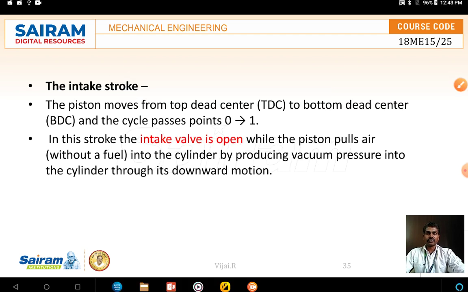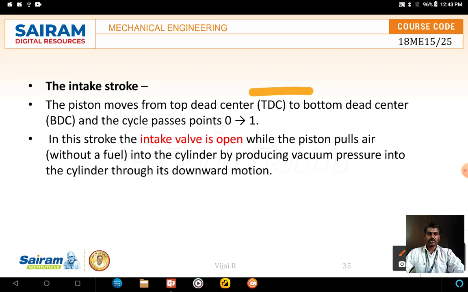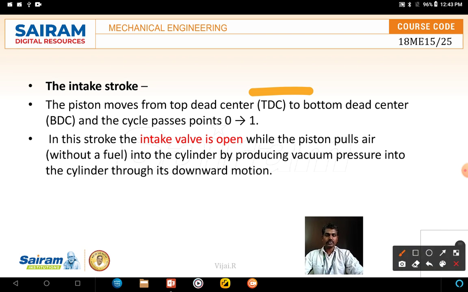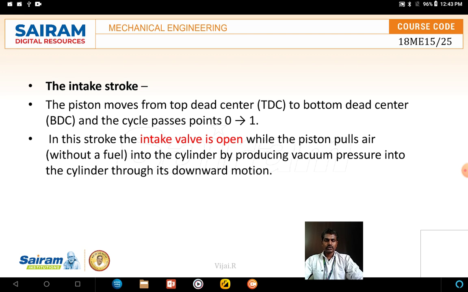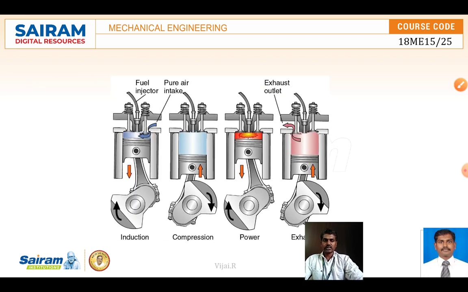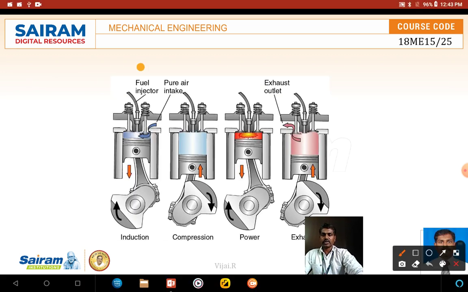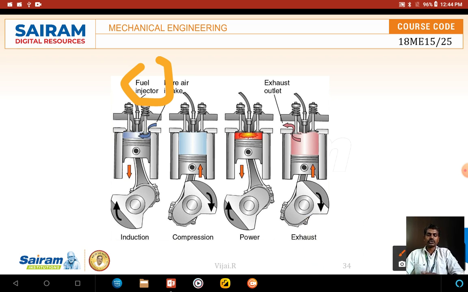Here the fuel injector is present instead of the spark plug. The fuel injector helps during the compression stroke. It is useful for injecting the fuel in an atomized manner, so that the fuel is injected and then burnt. This is the function of the fuel injector. Let me see how it is going to work out.